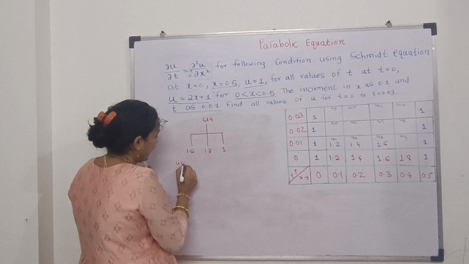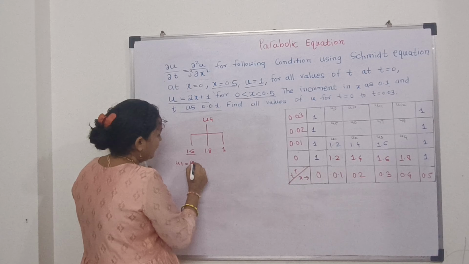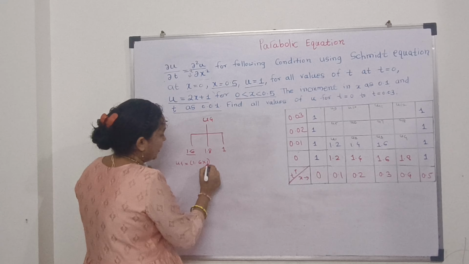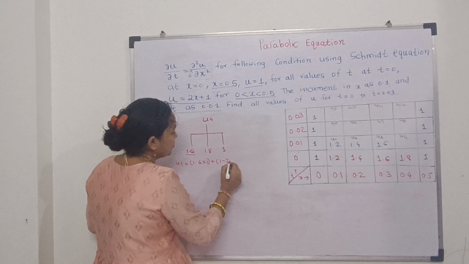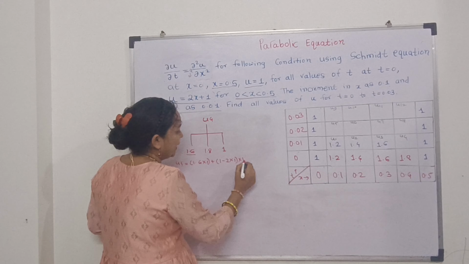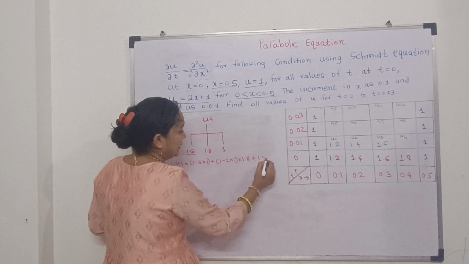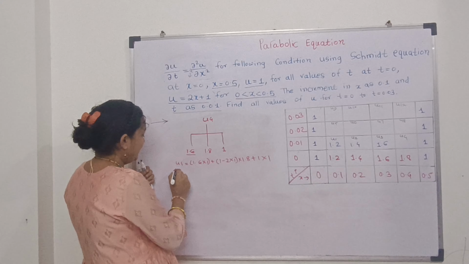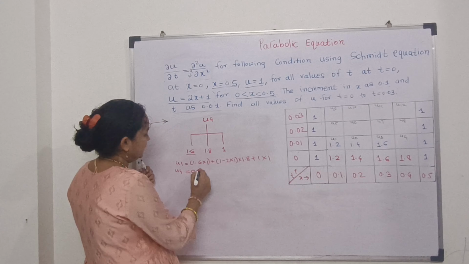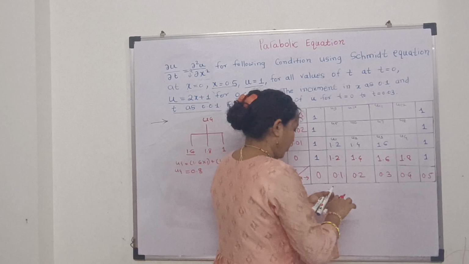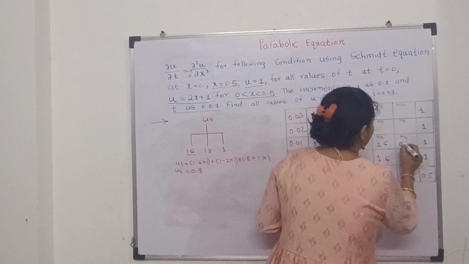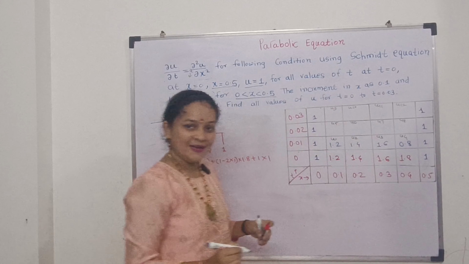So u4 is 1.6 multiplied by 1, plus 1 minus 2 multiplied by 1 multiplied by 1.8, plus 1 multiplied by 1. If you calculate this, you get the value 0.8. So this value becomes 0.8.